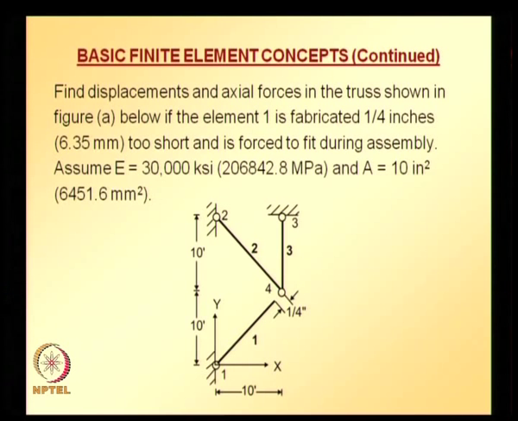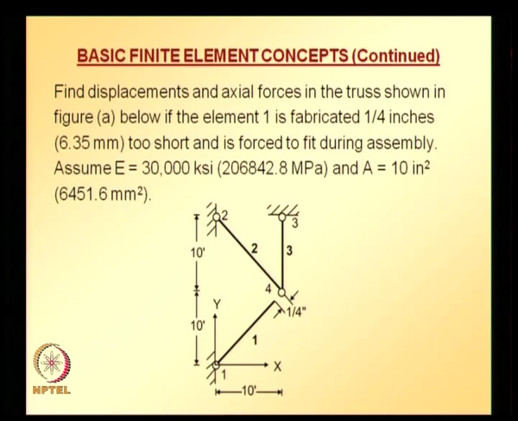The element 1 is fabricated too short by an amount 6.35 millimeters or 1/4 of an inch, and is forced to fit the assembly, and this member is too short and by some means it is stretched and it is force fitted, and we need to analyze this plane truss for displacement and axial forces.